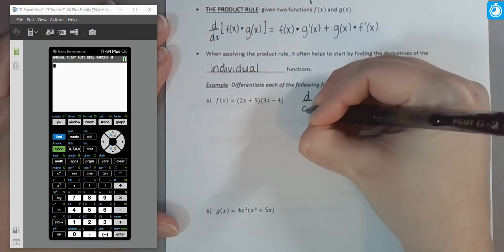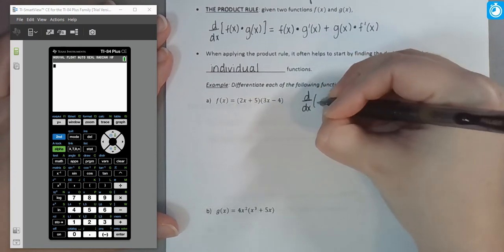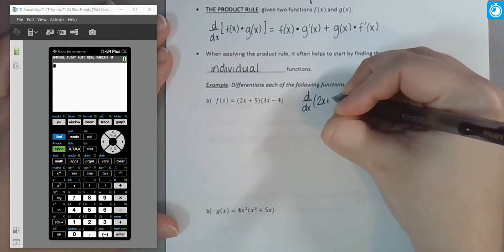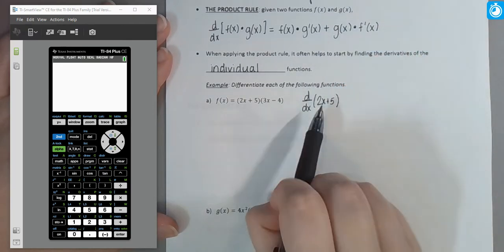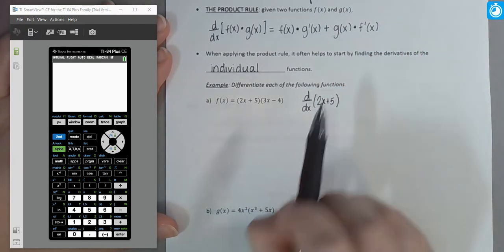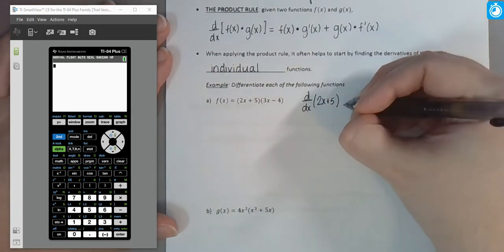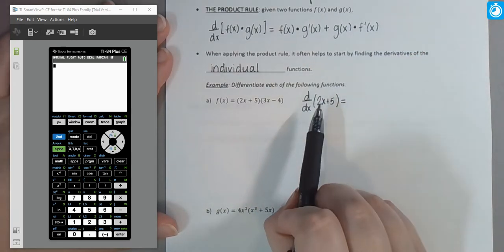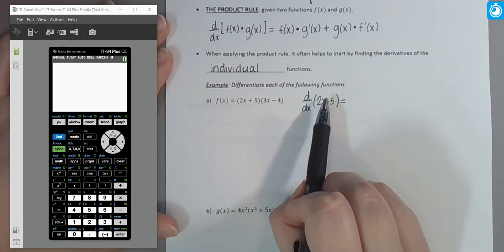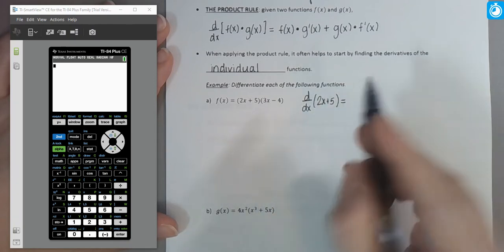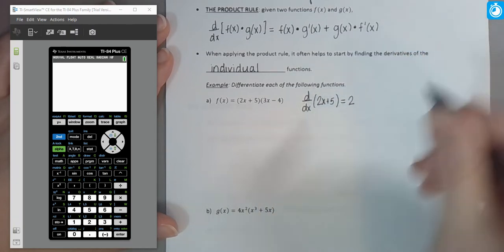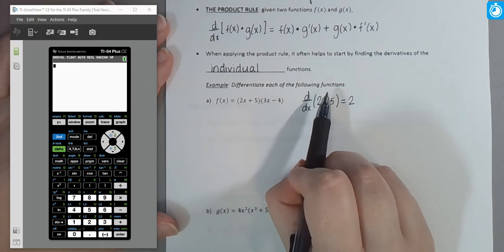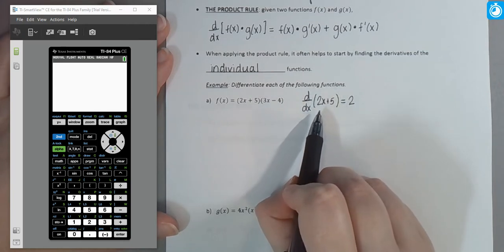So the derivative with respect to x of 2x plus 5. I'm going to go term by term based on the sum rule. This individual first term, if I use the power rule here, we know it has an exponent of 1, so bring that exponent down, multiply it by the coefficient, which is 2, and then decrease the exponent by 1, which will make it a 0, which makes the x go away.